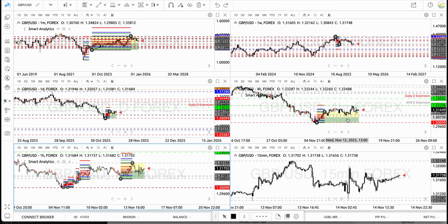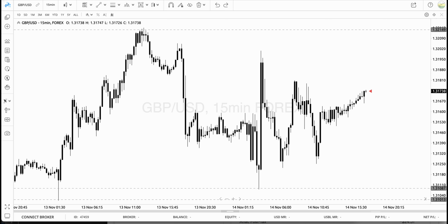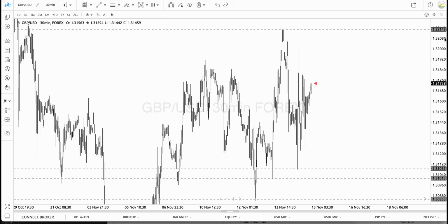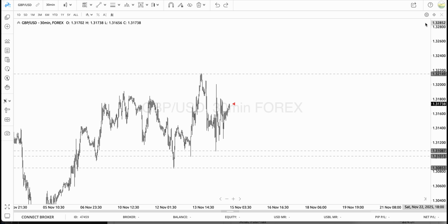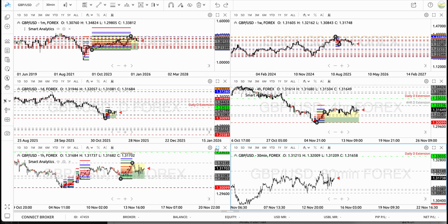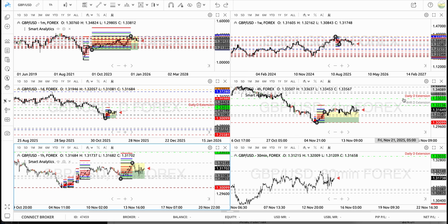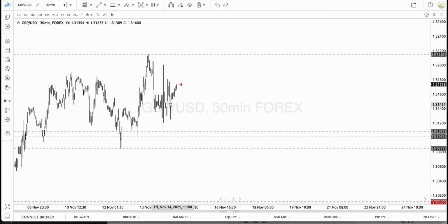So I'm going to go over to my 30-minute chart, and I'm going to measure from my high to my low on what we just looked at, right? So we just looked at the fact that the D extension was hit. So now I'm measuring from this high to the low to see if this is done moving to the downside before we're looking for an entry for it to continue to the upside.